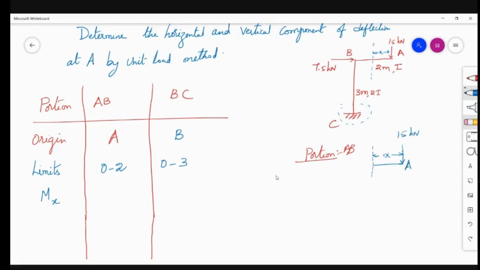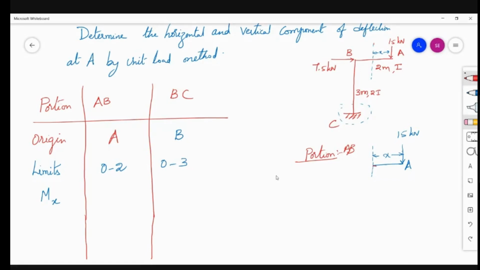Now what has happened to this one? This 15 kilonewton is trying to push inside. As it is pushing inside, it is creating hogging.